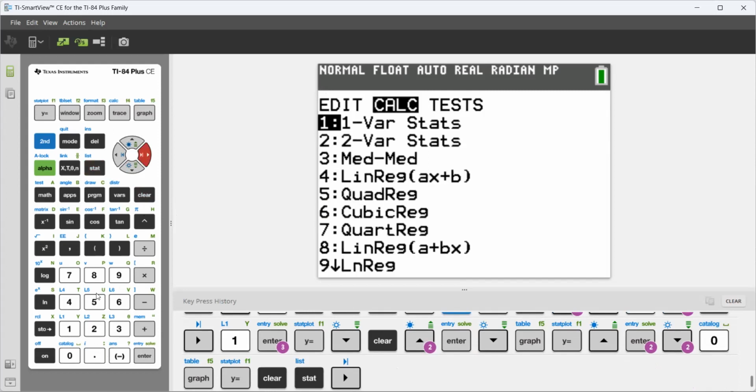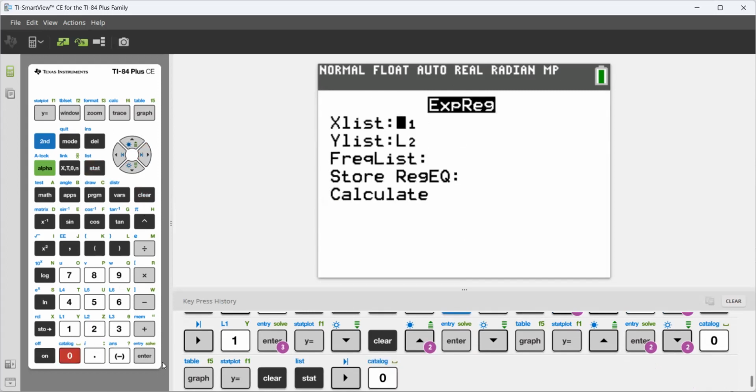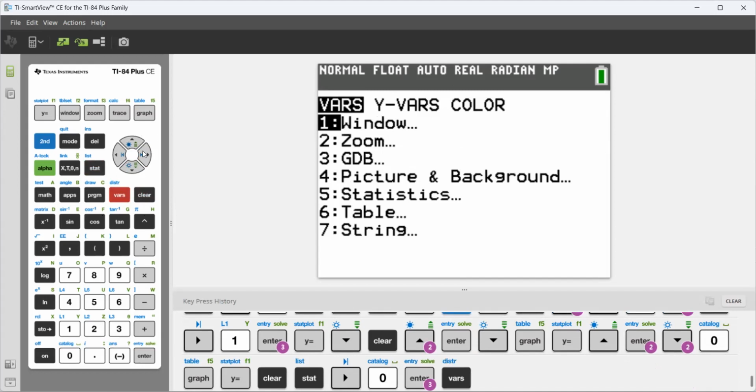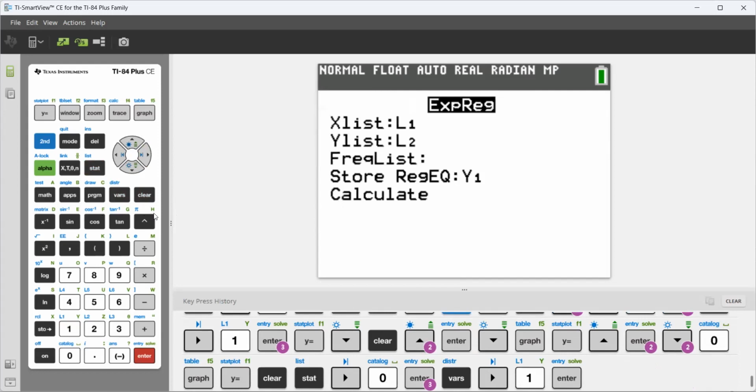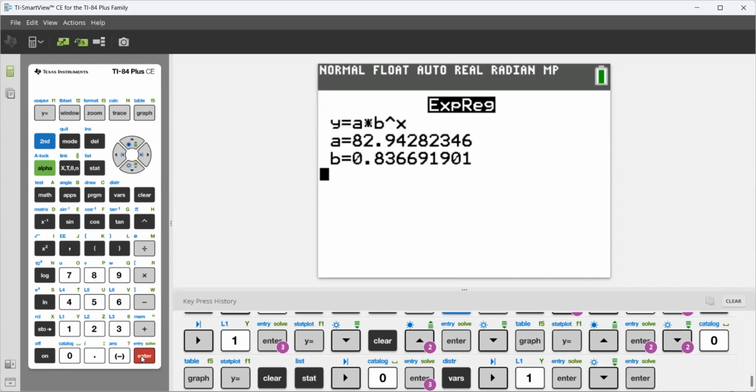Calculate. And then you do 0. Enter, enter, enter. Vars. Y vars. 1. Enter. And then you do that.